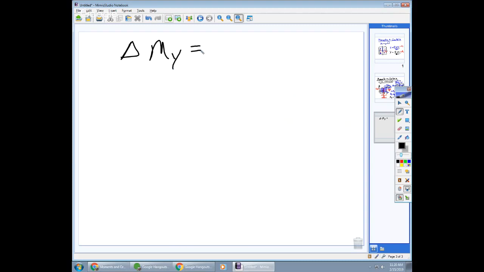I'm going to have the distance away, that's just an x value from the y-axis, times the density, rho, times the area of the rectangle, which is y times x.